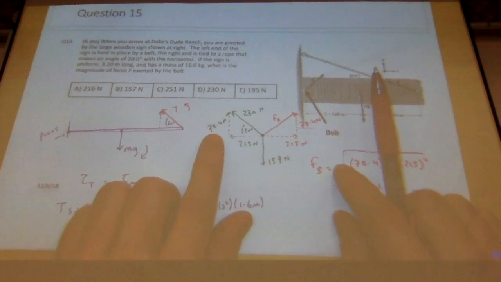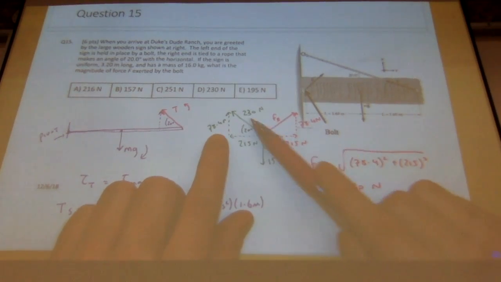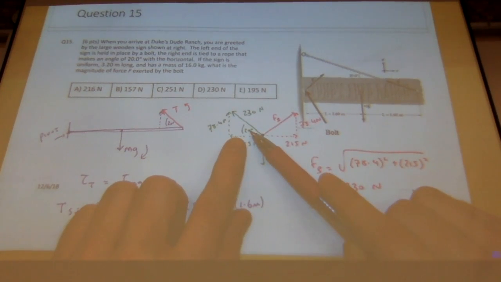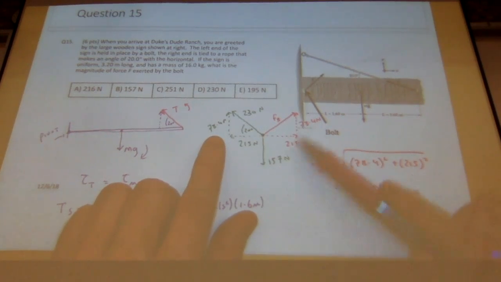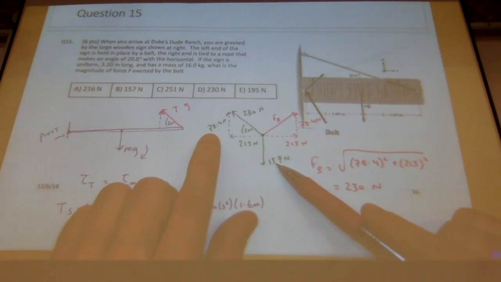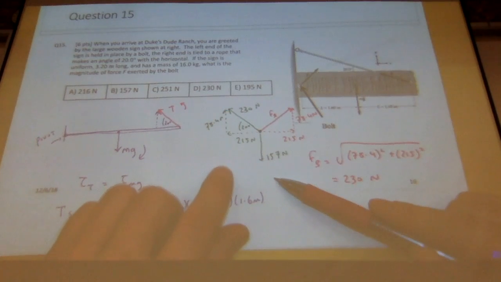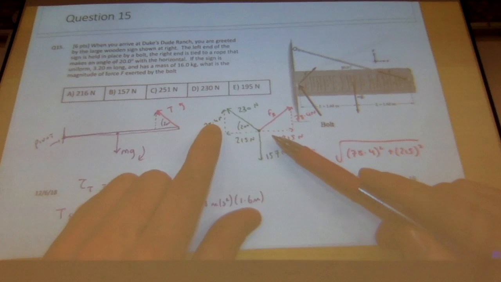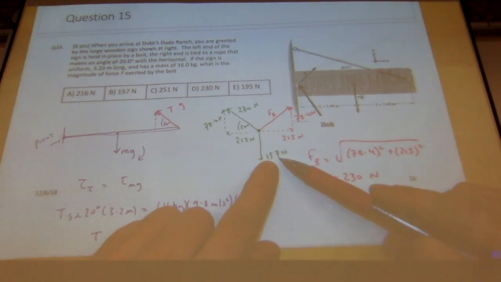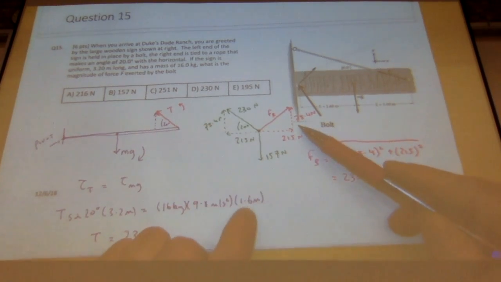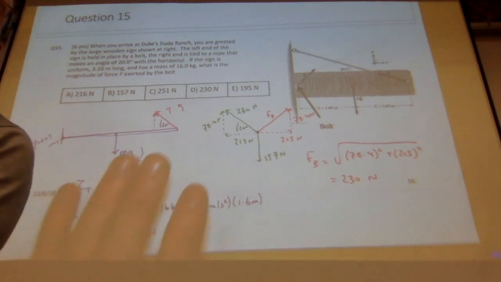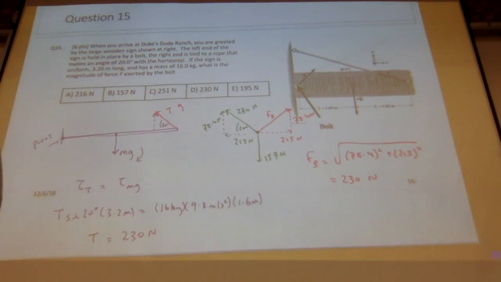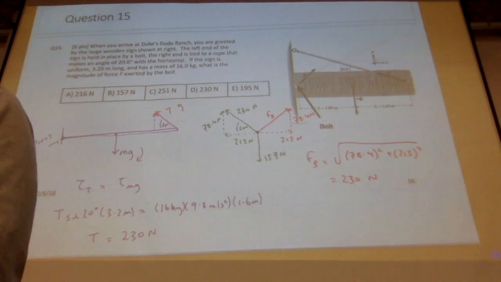The one in green here comes from just doing 230 times the sine of 20. And this other one comes from the subtraction of these two. I need the upward y to equal the downward y. If I only have 78.4 upwards and 157 downwards, once you subtract those, you end up with the same. The weight force is 156.8 if you keep an extra decimal.